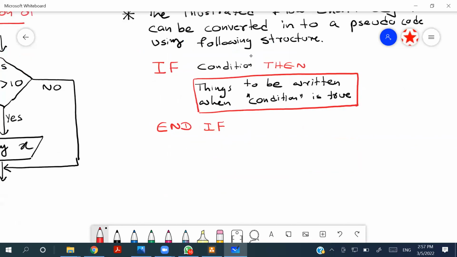Then you can write the relevant pseudocode for the above segment.